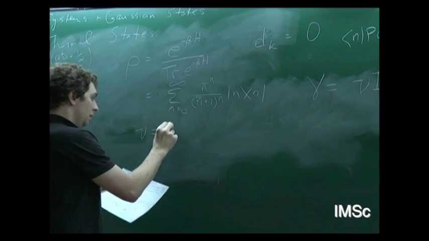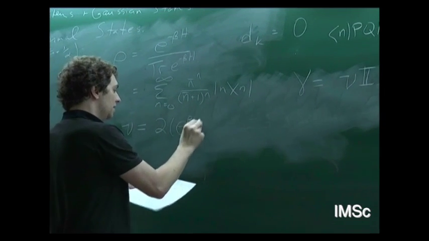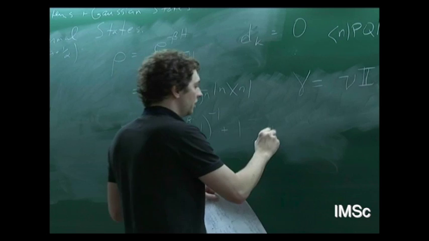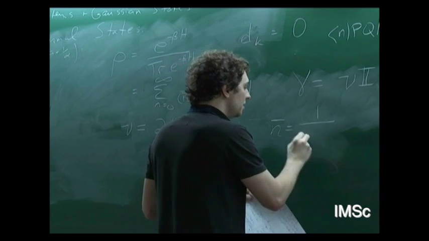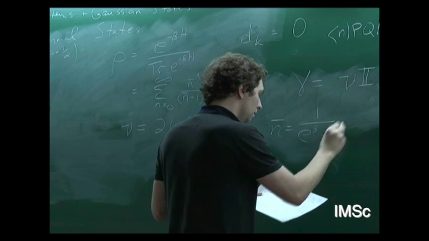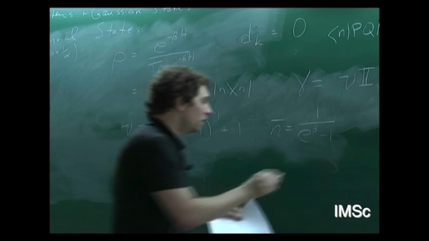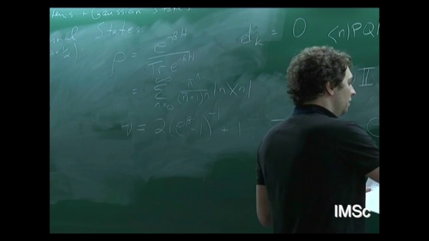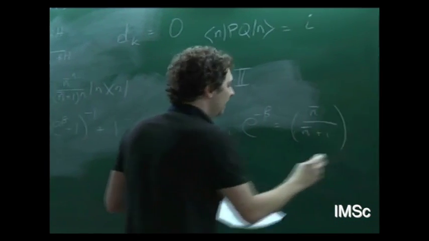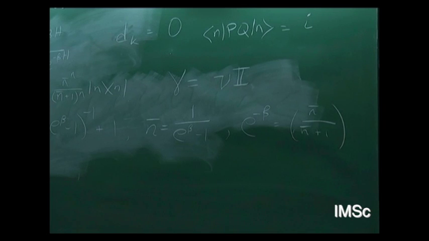And nu is going to be given by 2 times (e to the beta minus 1) inverse plus 1. And n bar is just going to be equal to, well, you can do it two ways. 1 over (e to the beta minus 1) tells you what n bar is. Or if you want to do it in terms of beta, e to the minus beta is equal to n bar over n bar plus 1. It's the average value of this.